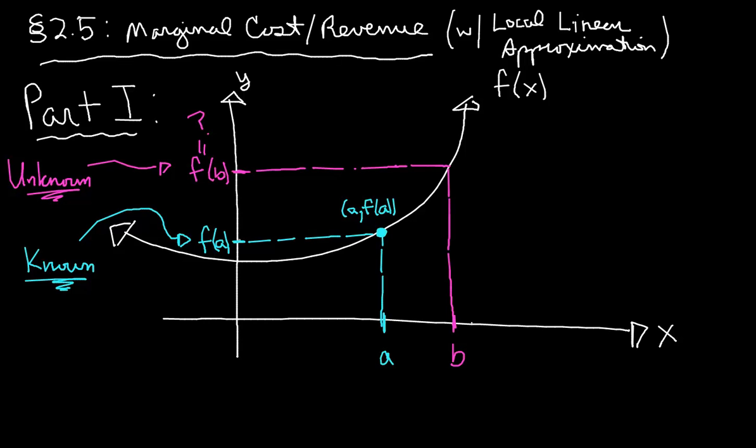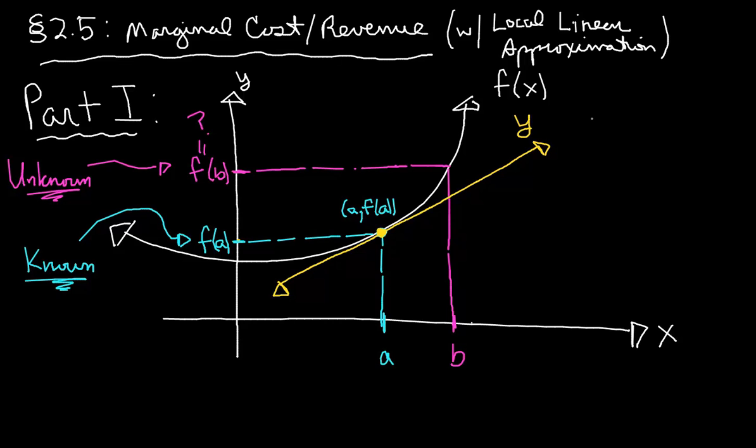So what is the derivative again? It's the slope of the tangent line at that point. So let's draw the tangent line at that point right here. That point is still a comma f of a. That's where this line is tangent to the graph, but its slope is precisely the derivative of this function. And so because we know the slope and we know a point that's on the graph, we can write its formula down using the point slope formula.